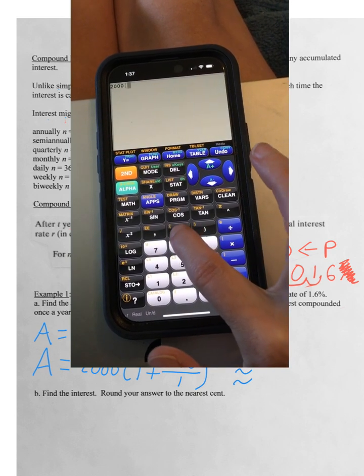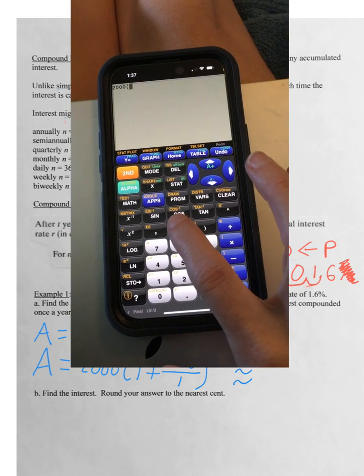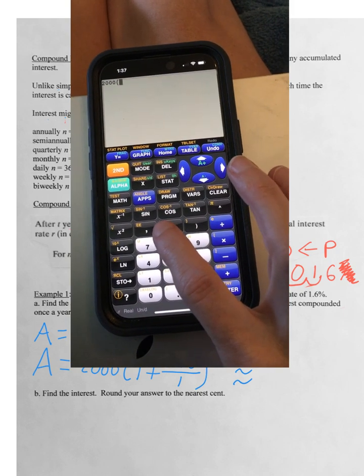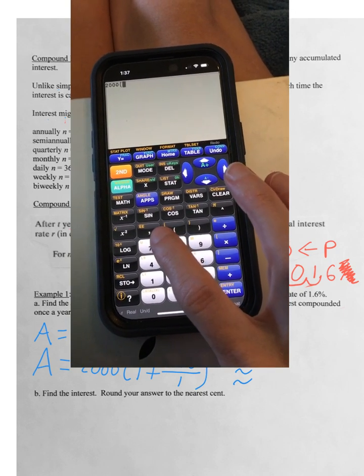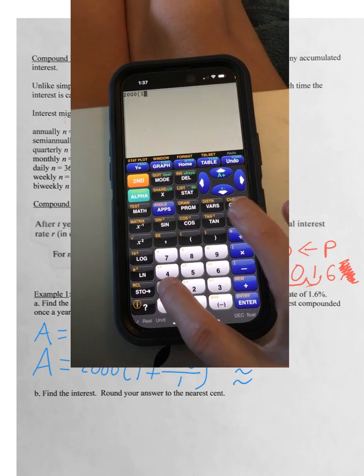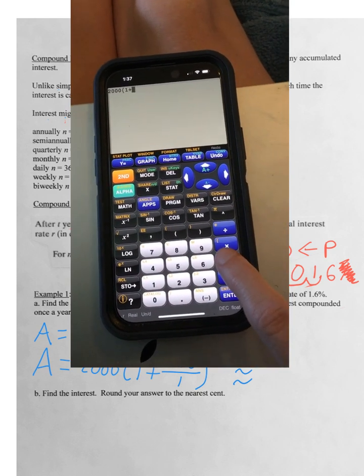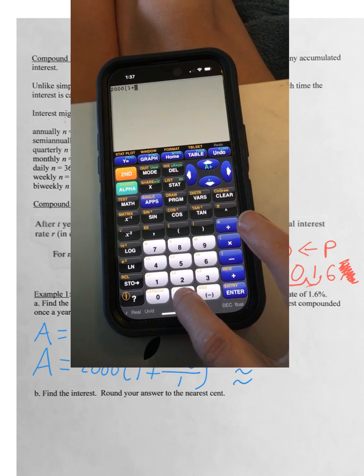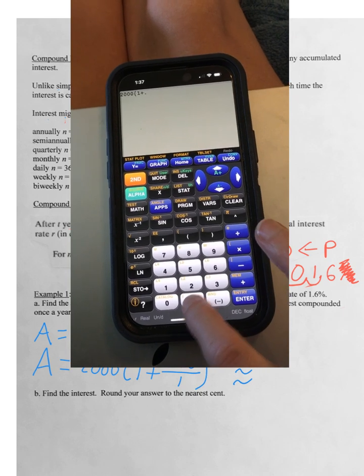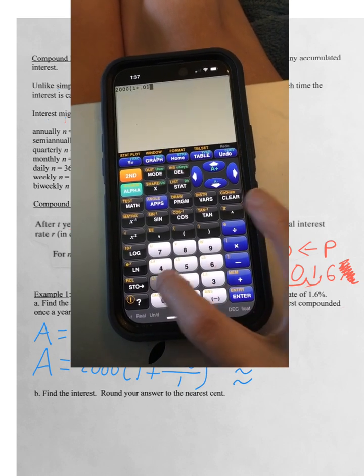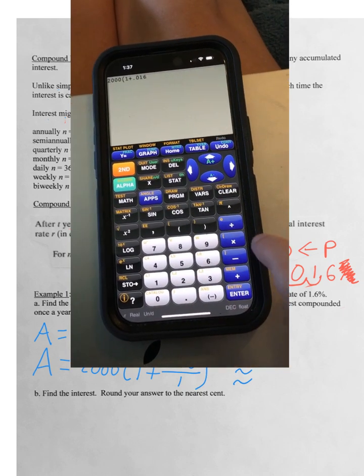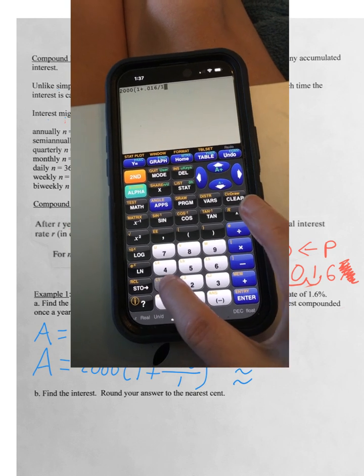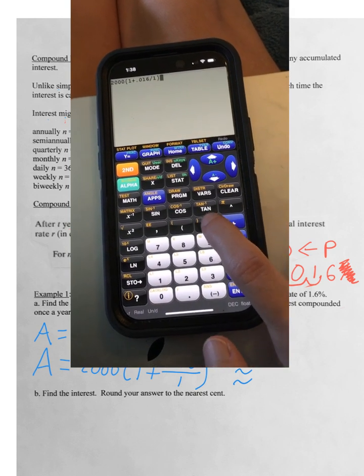So then I'm going to hit the left parenthesis. Again, what's nice about the graphing calculator is I'm going to make it look exactly like what I have written on my paper. And then 1 plus 0.016, the decimal point is on the bottom middle, divided by 1, close the parentheses.